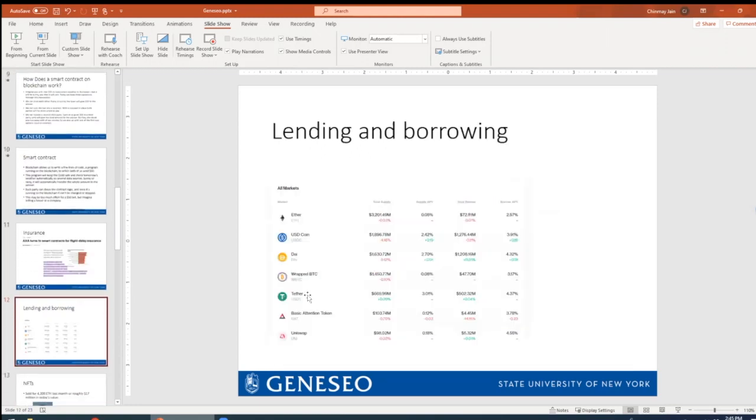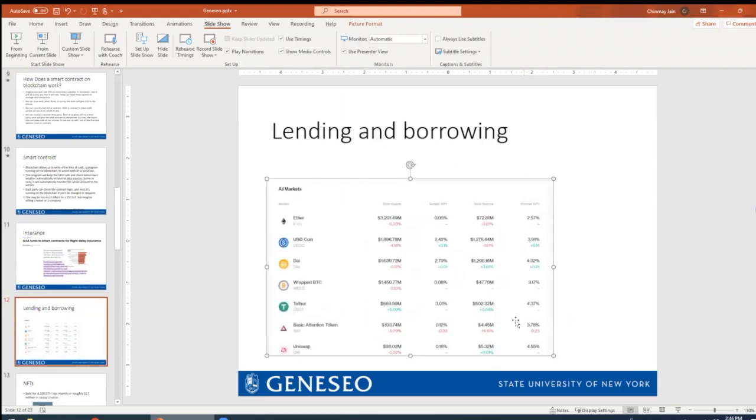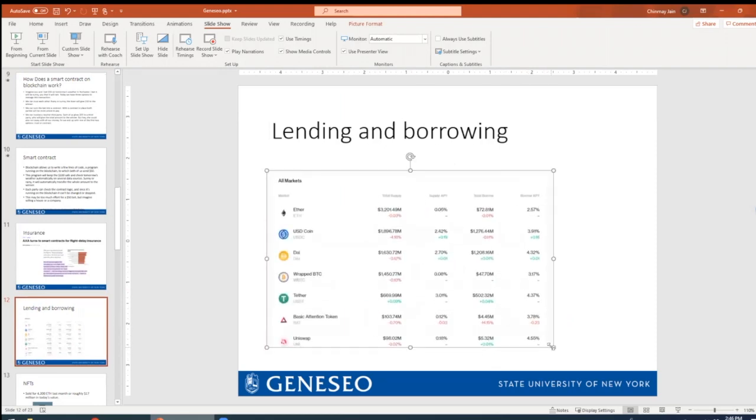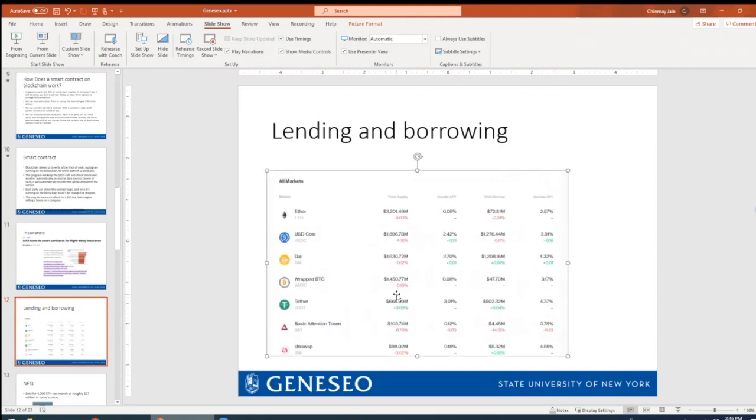Another example: right now, if I have to borrow money or lend money, I have to use a bank, and the bank ends up taking a chunk of the money. So there are protocols written on the Ethereum blockchain for lending and borrowing. For example, if I had some US dollars and wanted to lend money, I could convert them to US dollar coin, which are nothing but stable coins where the value of one US dollar coin is pegged to one US dollar.